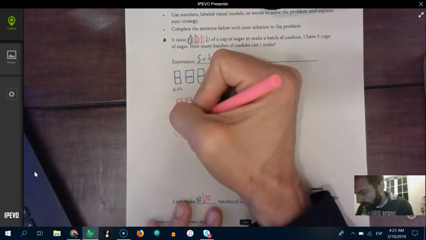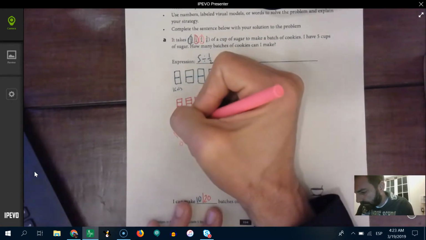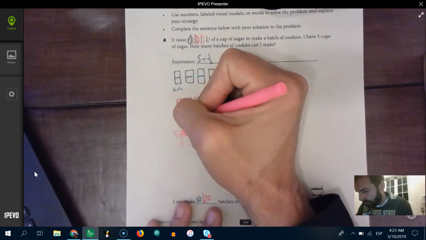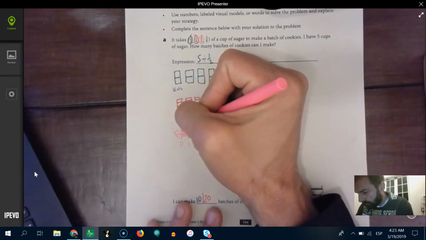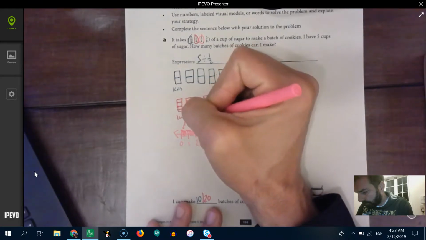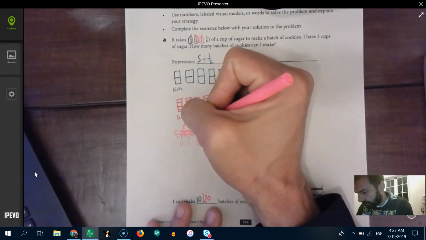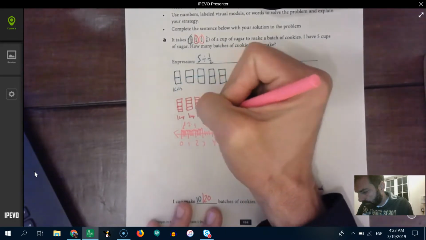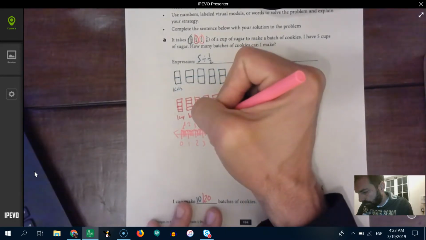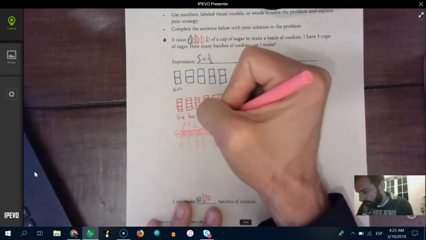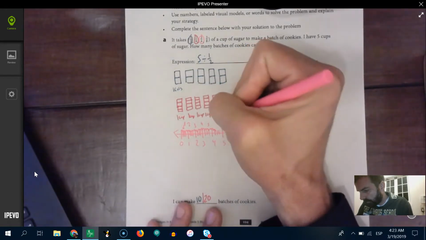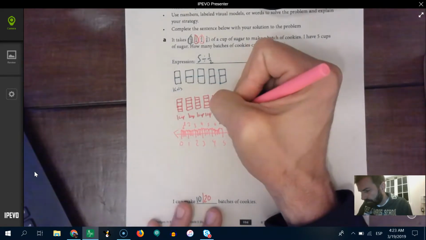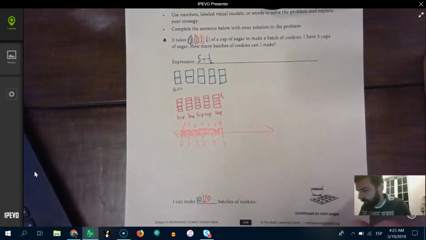And I want to see how many 3/4 go into 5. So I have 1, 2, 3/4, and this is 1, then 2, 3/4, and so on, up to 7.